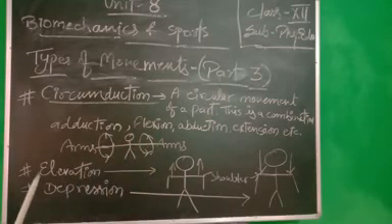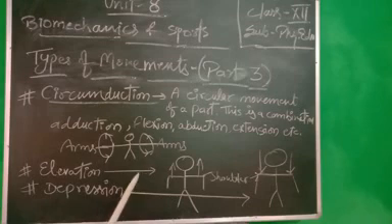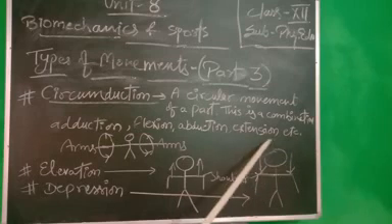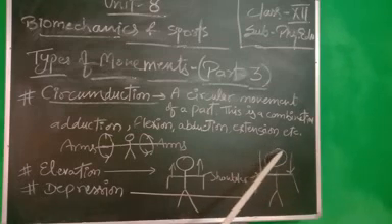And next comes the depression position. Depression refers to movement in an inferior direction, the opposite of elevation. This is the figure through which we try to understand the depression position.